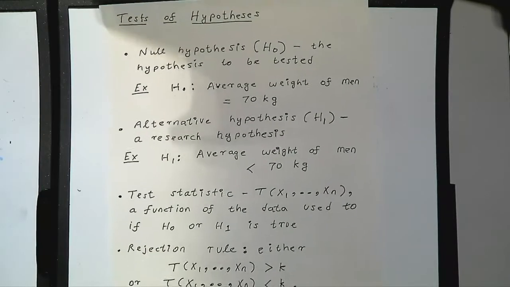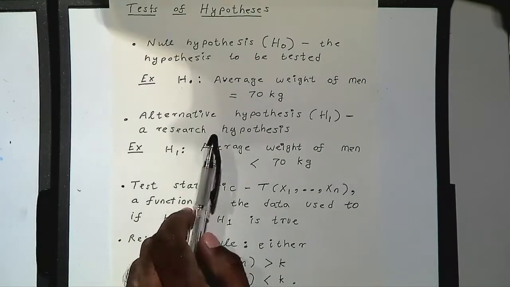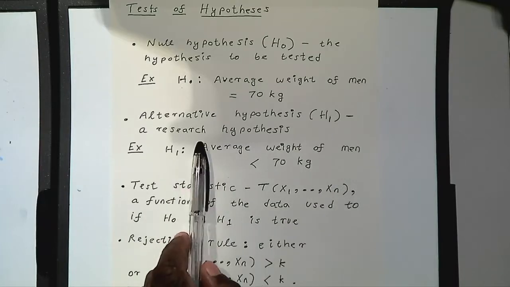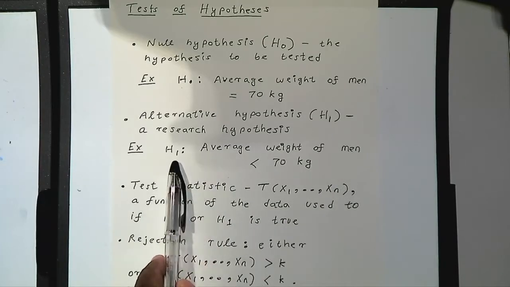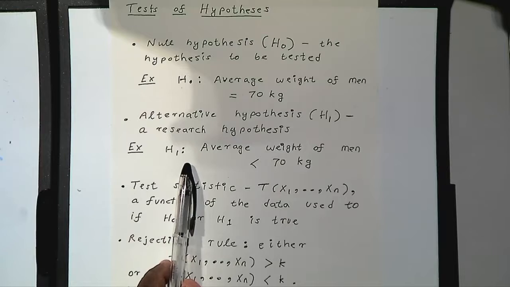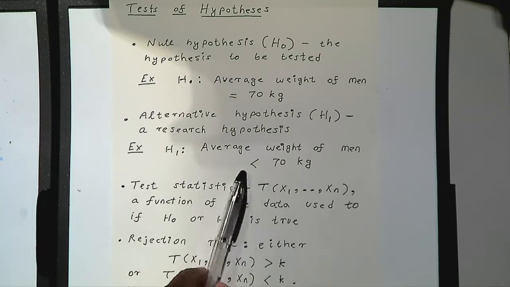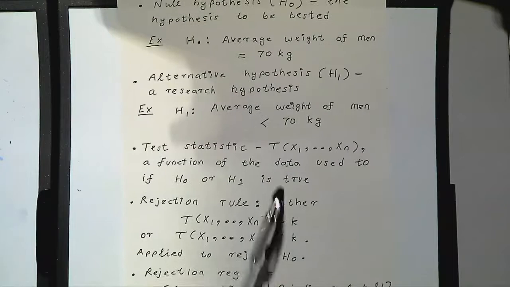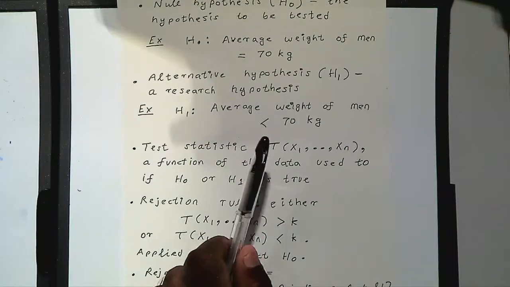The second one is the alternative hypothesis, denoted by H1, also known as the research hypothesis. An example of an alternative hypothesis is the average weight of men is less than 70 kg, right? Or it could also be greater than 70 kg, or it could also be not equal to 70 kg, right?